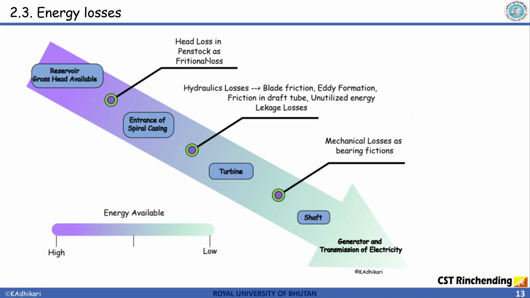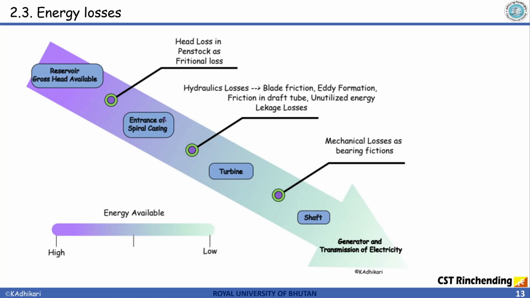There's always a friction. And when it enters, here I have written the spiral casing. This spiral casing is for the reaction turbine. We'll be discussing more about the impulse turbine and the reaction turbine later in our course, but let's understand that all the turbines are not exposed like the Pelton turbine. Pelton turbine is a different type of turbine which is exposed in open air. So a jet forms and the jet strikes the blade and then it rotates.